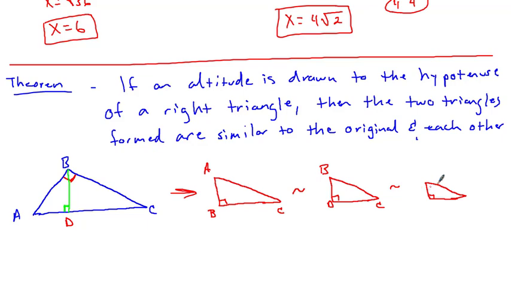These are all right triangles. So our smallest triangle is ADB. And so notice the way that I wrote them, I reoriented everything so that they're all facing the same way, all their corresponding sides are facing the same way, all their congruent angles are facing the same way, and so we can say that triangle ABC is similar to triangle BDC, and that's similar to triangle ADB.